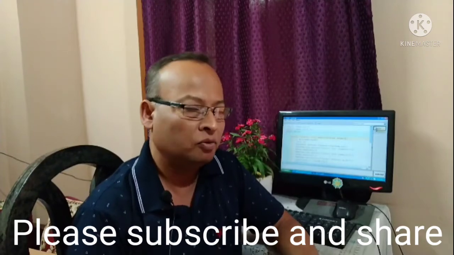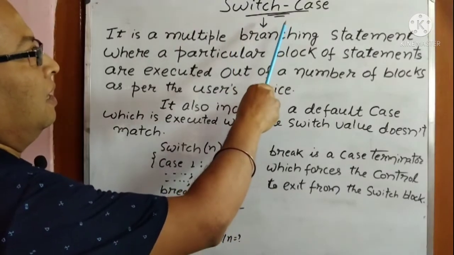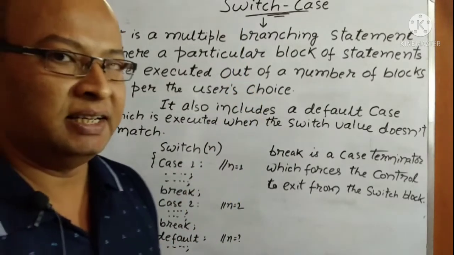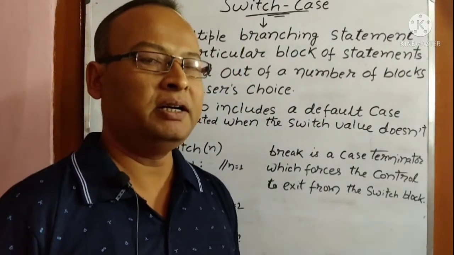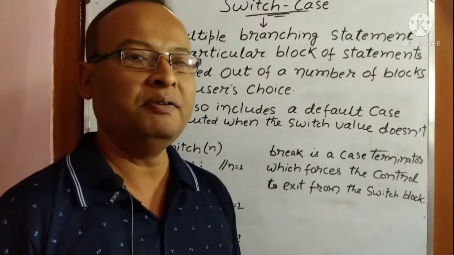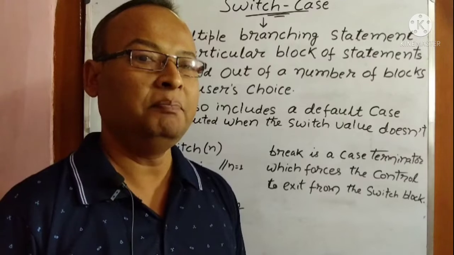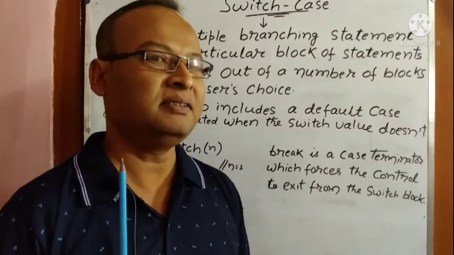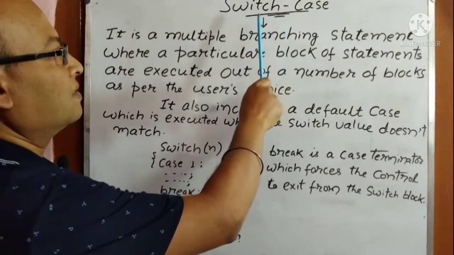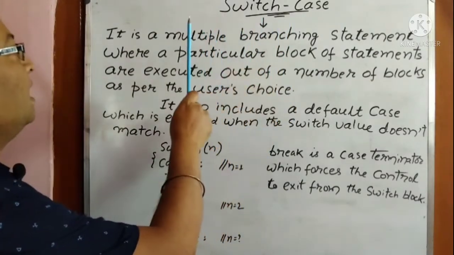So let's move on. Switch case. Now when will we be using switch case? Whenever we are dealing with multiple if else, then in place of multiple if else statements you can use switch case. Now what is a switch case?